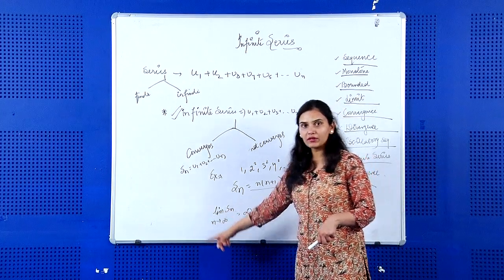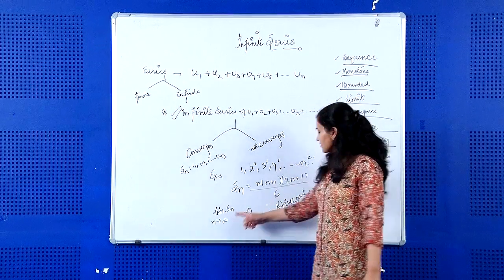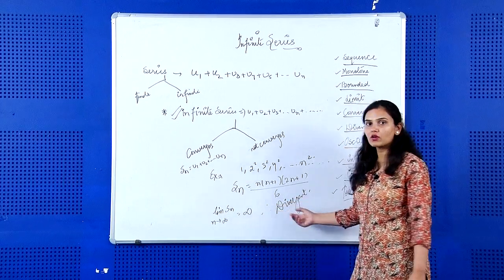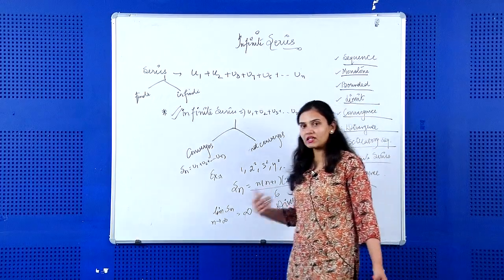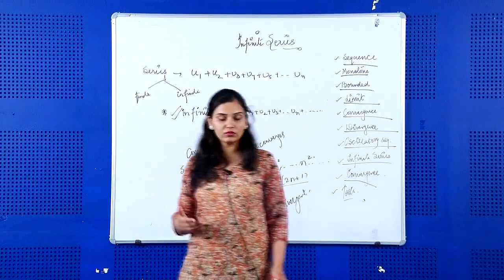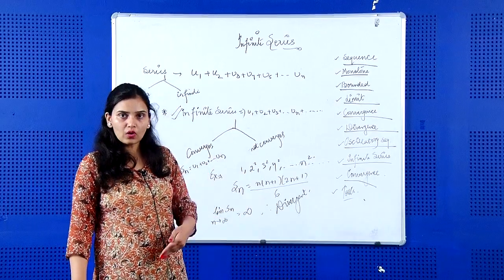Now, we put the limit on this. If the limit turns out to be a finite number, we call it convergent. Since here the limit is infinite, we call it not convergent. So, this is one way of checking whether the series is convergent or not.